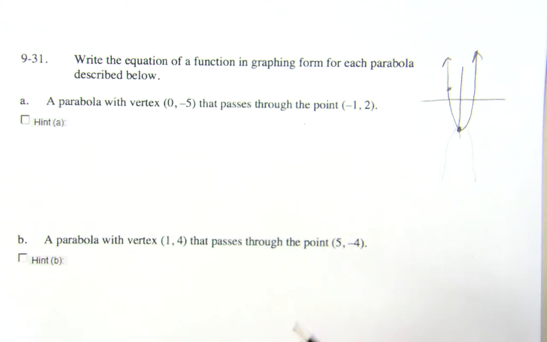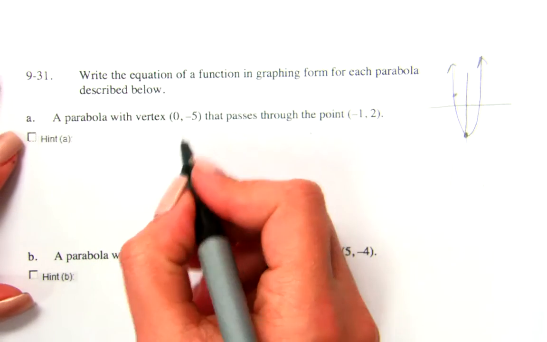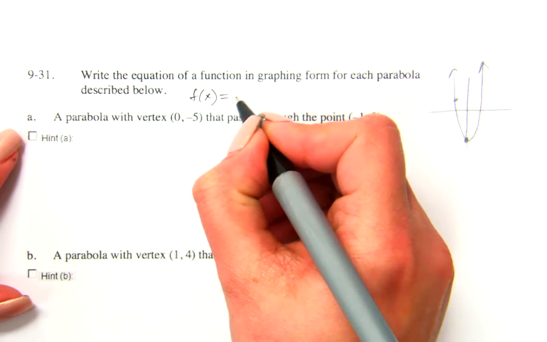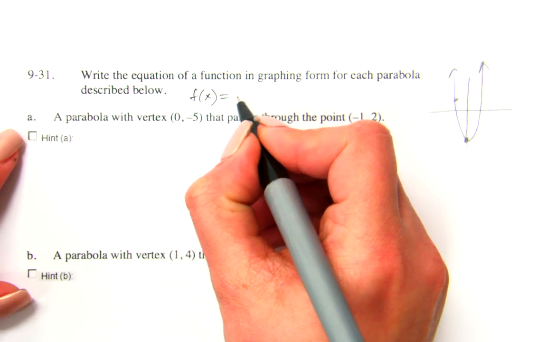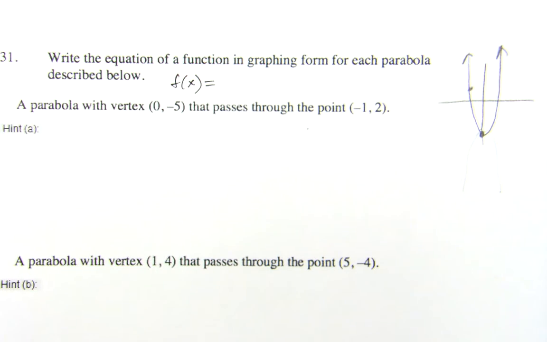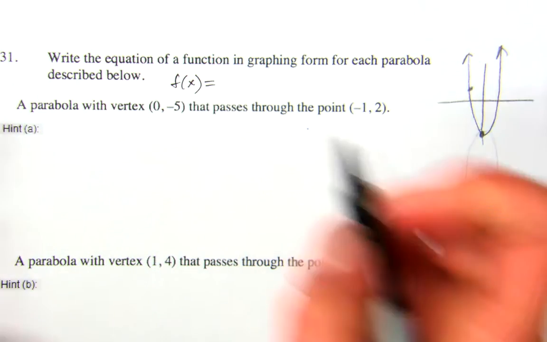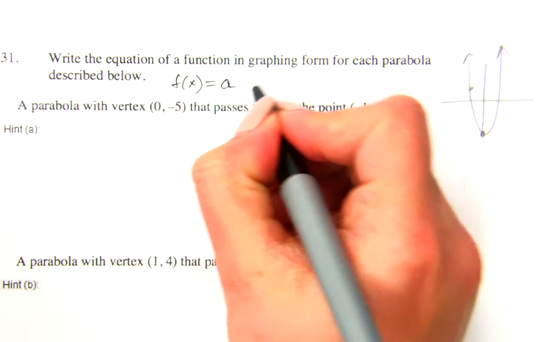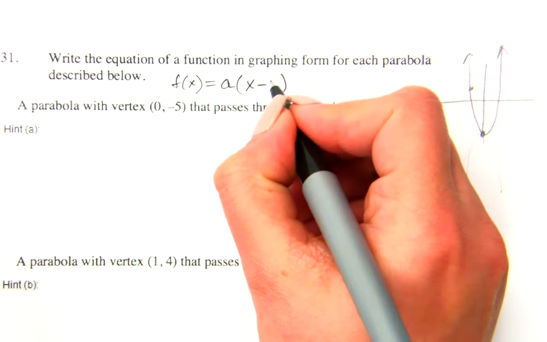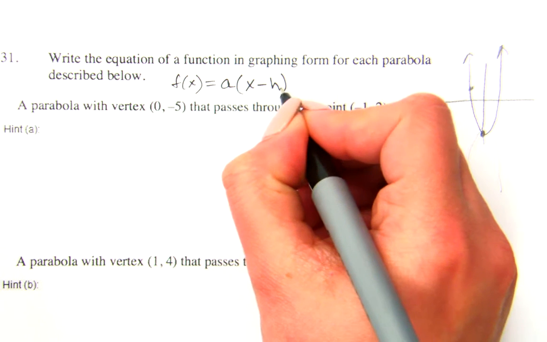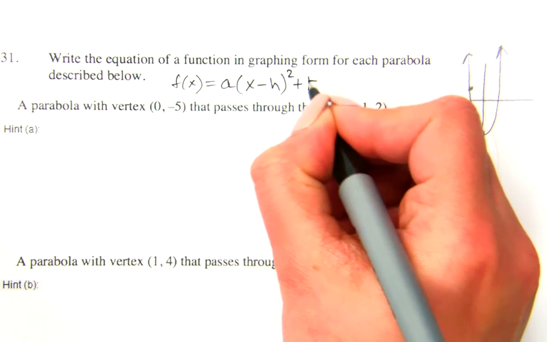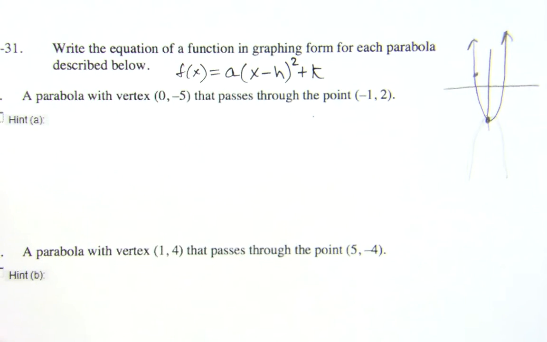In the graphing form, a is the number in front that either compresses the graph to make it wider or stretches it to make it skinnier. Then it's x minus h, where h is the vertex's x, squared, plus k. That was the graphing form.